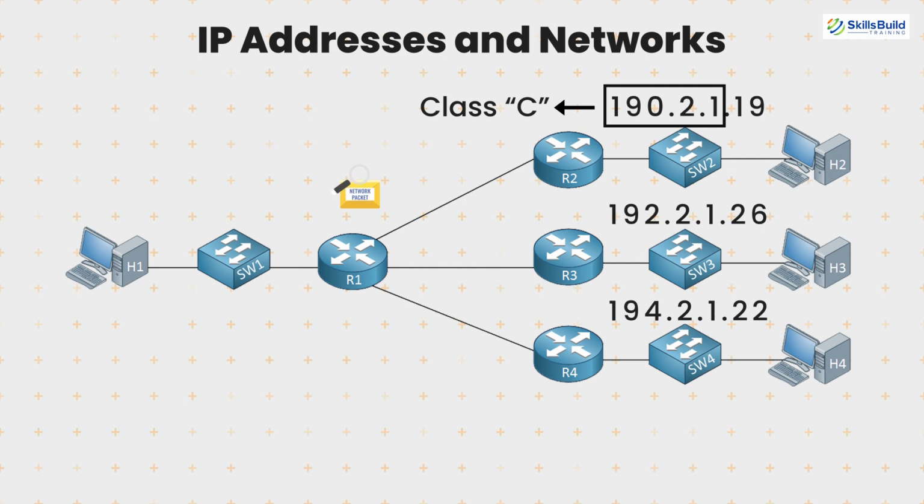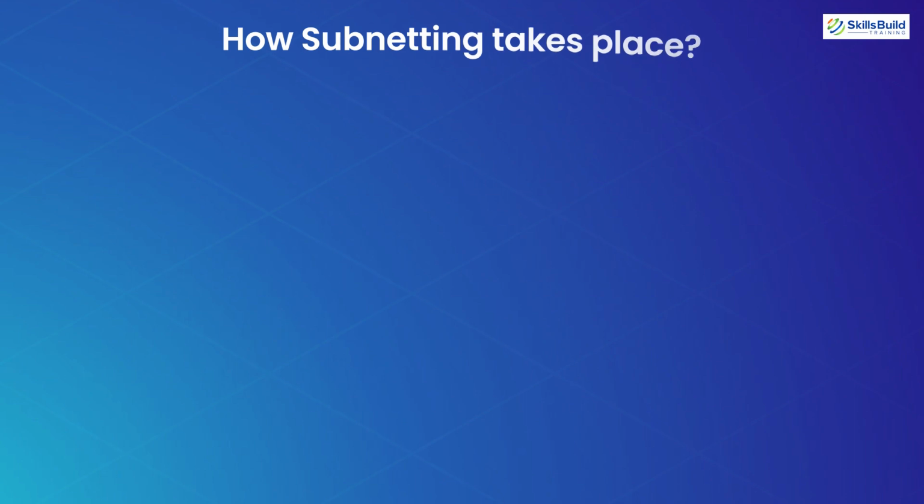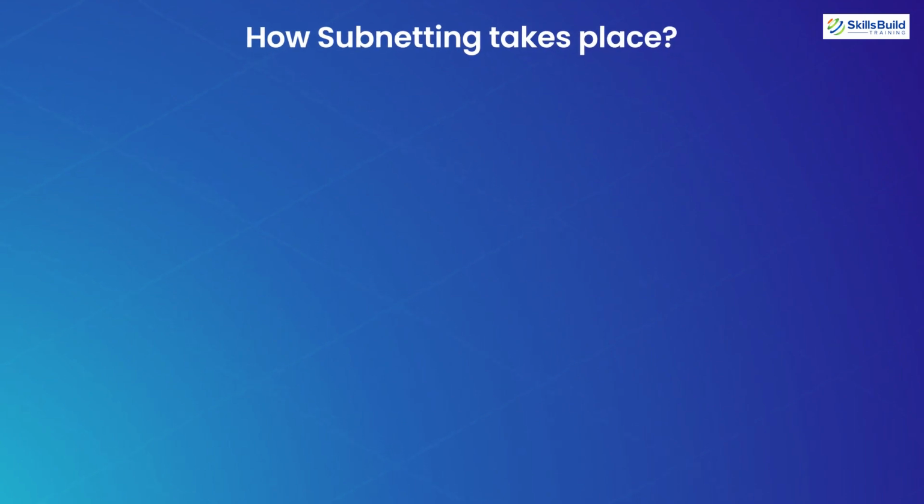It will use the subnet mask and do some calculations. And as it sees the 19 as the device address, after calculations, it will send the packet to the particular subnet. And then with the help of a router or a switch in that subnet, the packet will reach the 190.2.1.19 address.